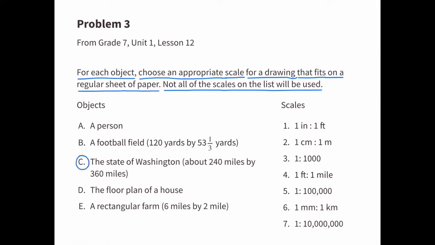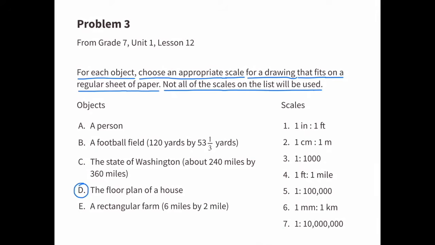C. The state of Washington, which is about 240 miles by 360 miles. Since 360 miles is almost 2 million feet, and 1 piece of paper is almost a foot long, I'm going to pick 7, a scale of 1 to 10 million.